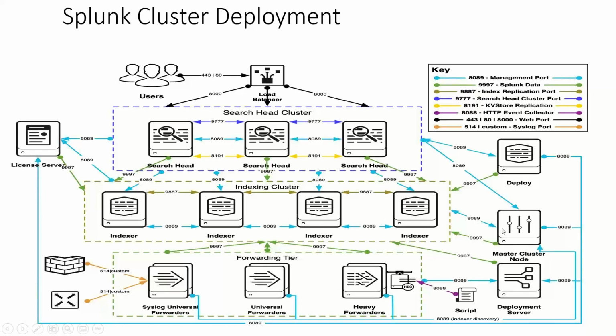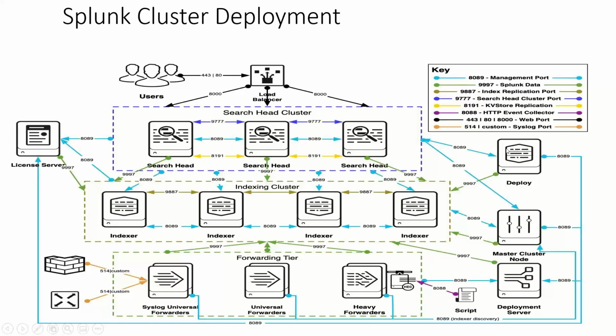Now there will be one thing called a deployment server. Now I'm having 50,000 servers with universal forwarders: Linux machines, Windows machines, AD servers, Windows 7, Windows 10, server editions. If I want to do some configuration, manually I have to log into the servers and perform it.